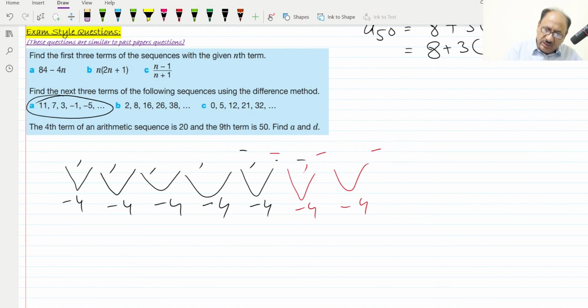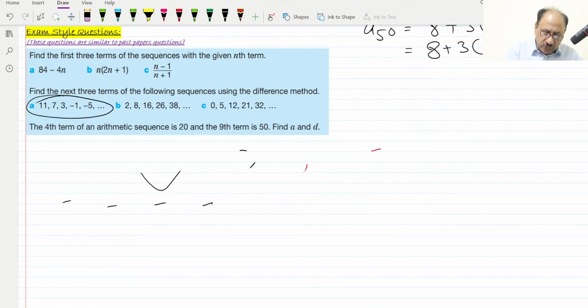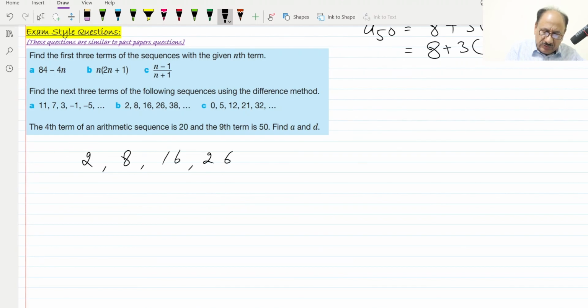Similarly, for the second question, part B, we can use the difference method, or we can use the formula also. The question is this one: 2, 8, 16, 26 and 38, and we have to write the next terms.